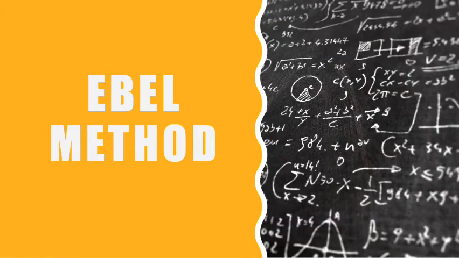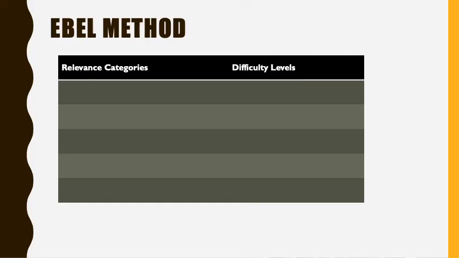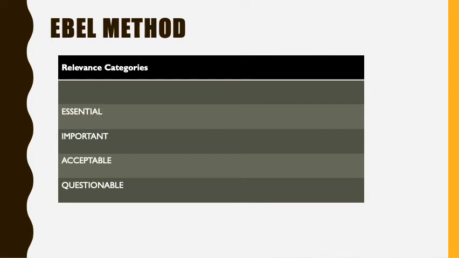Lastly, the Ebel method. In the Ebel method, you have to categorize your questions according to relevance and difficulty levels. Relevance can be categorized as essential, important, acceptable, or questionable.